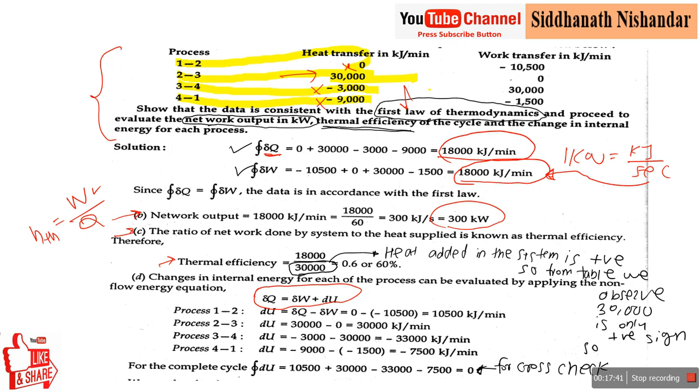We also cross check: if you calculate the change in internal energy for each process and add them all, the sum must be 0, because the summation of dQ and the summation of dW are the same here. So by default the net change in internal energy is also 0, for cross checking your answer.